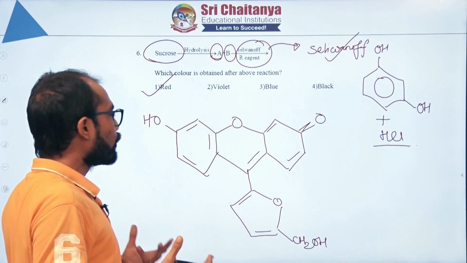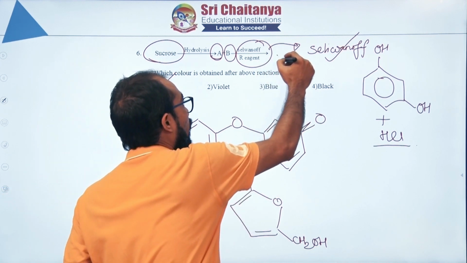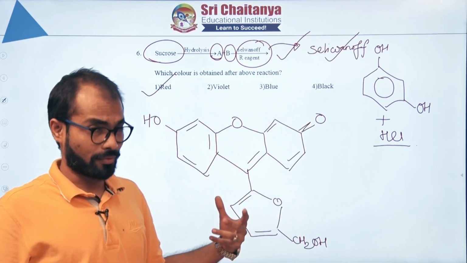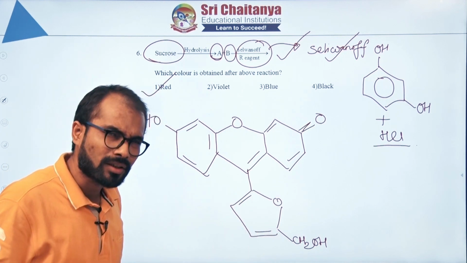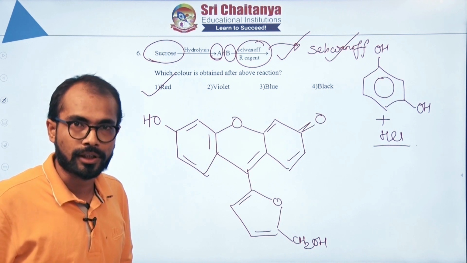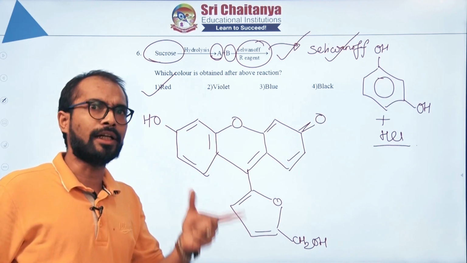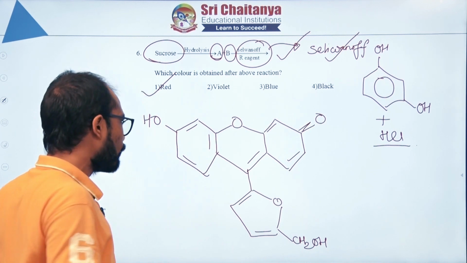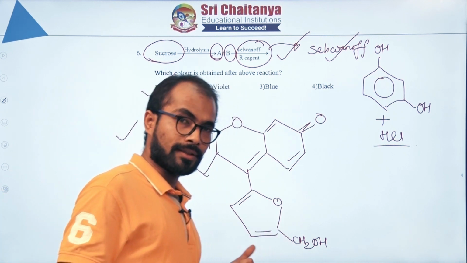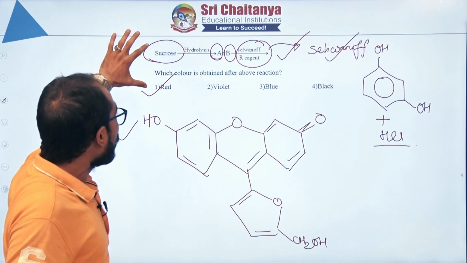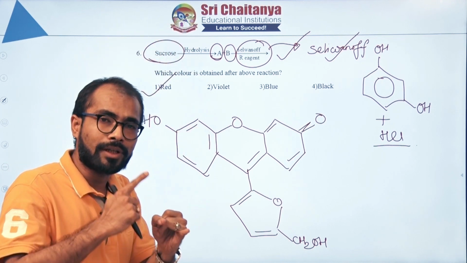Now, this is what you are going to obtain in the final product, and the color of this product is red. People, don't pay attention to the structure, you don't have to memorize it, you just have to know the observation, what color it will be. They are never going to ask you the structure of this compound, but for your comfort I have discussed this. Now, sucrose on hydrolysis, you will get fructose, you will get ketose.